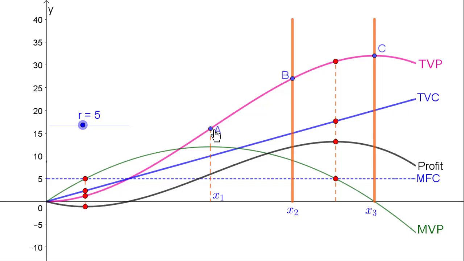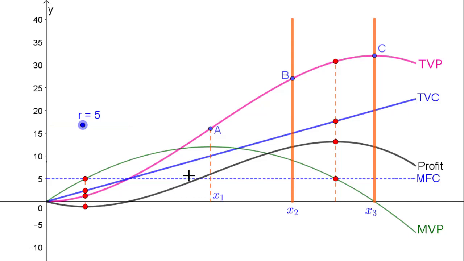To the left of X1, if you increase your input use by a little bit, then your TVP will increase at a faster rate than your TVC, and you can increase your profit. So you can always increase your profits by increasing your input use. So it's not economical to produce to the left of X1. That is actually a little bit easier to understand.